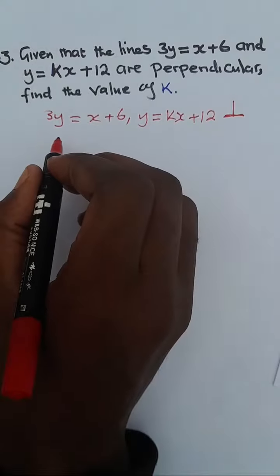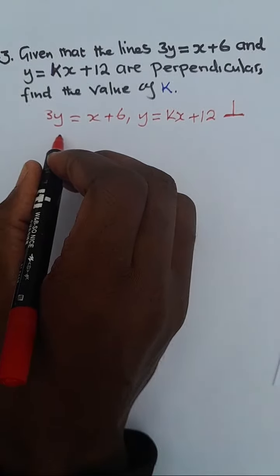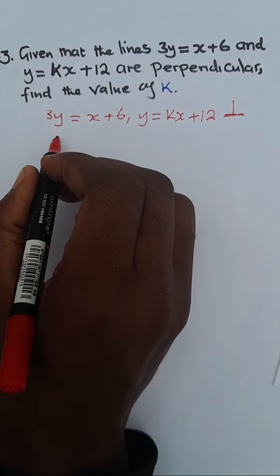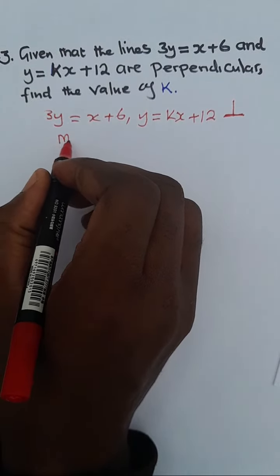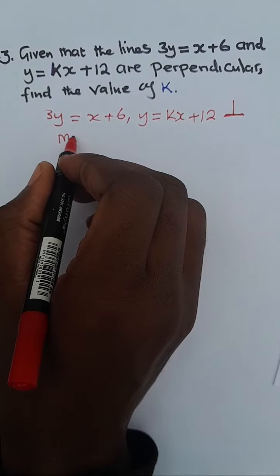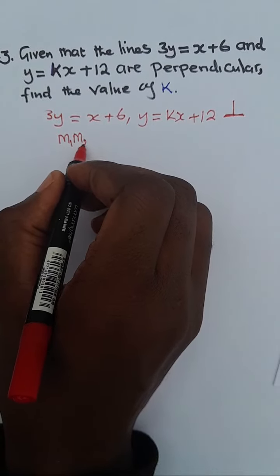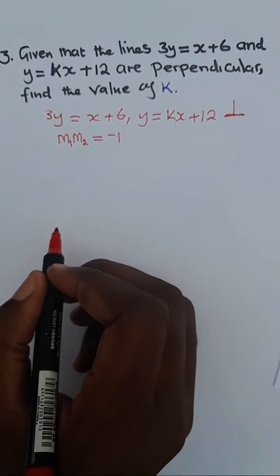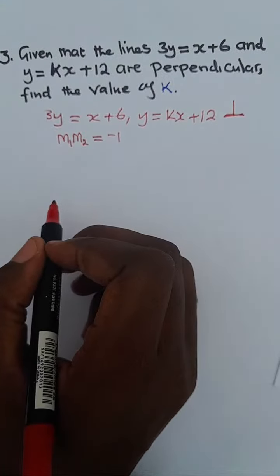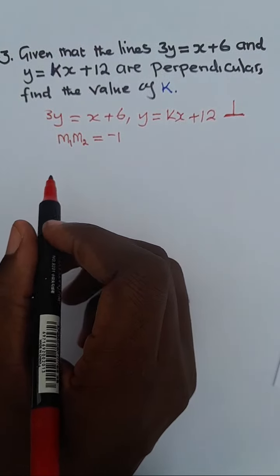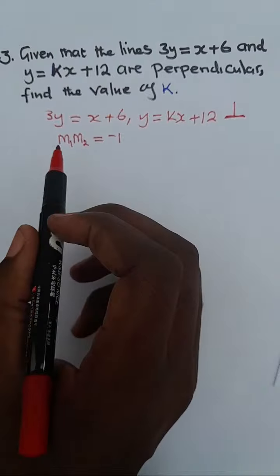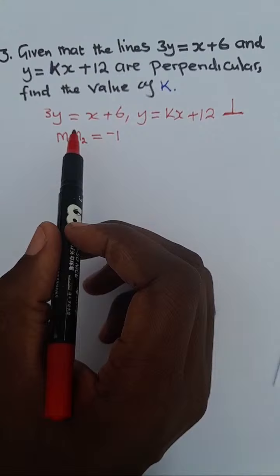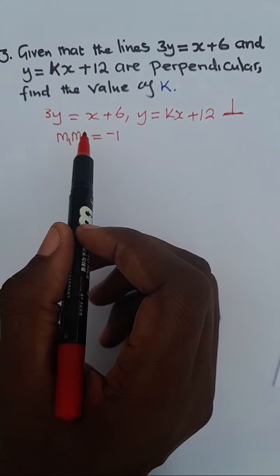You have to know that for perpendicular lines, the gradient of the first equation times the gradient of the second equation, you should get -1. This is very important for you to know.